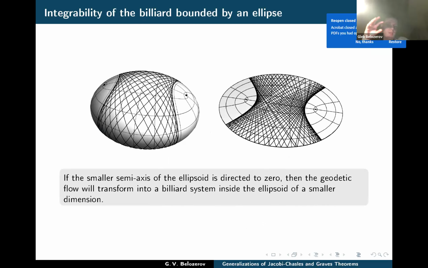If the smallest semi-axis of the ellipsoid is directed to 0, then the geodesic flow will transform into a billiard system inside an ellipsoid of a smaller dimension. Here you can see this transformation. Geodesics on the ellipsoid go to billiard trajectories inside a region bounded by an ellipse.